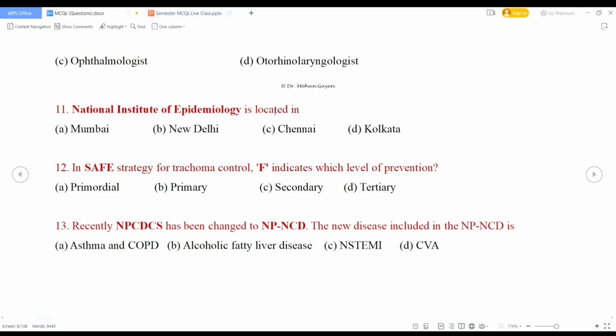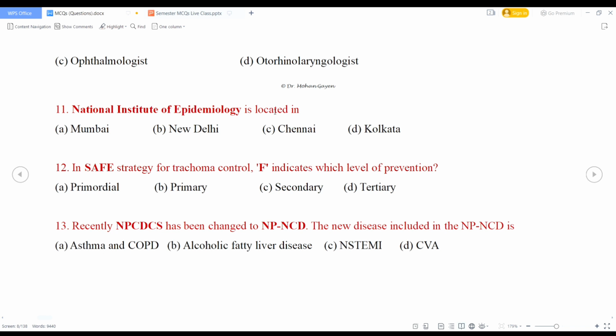New diseases are fatty liver diseases, CKD, that is chronic kidney disease, asthma and COPD, and ST elevation myocardial infarction. So here the correct option is asthma and COPD.